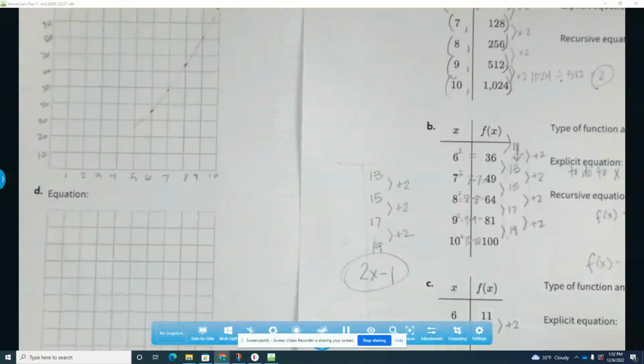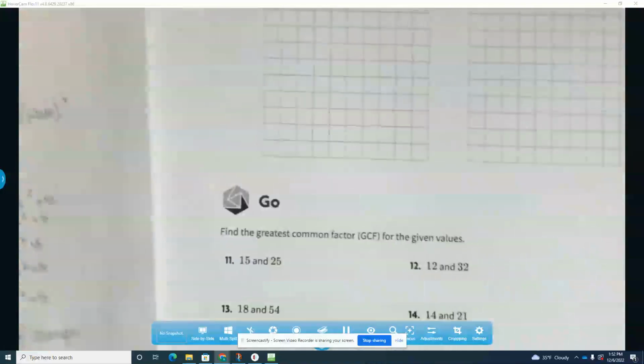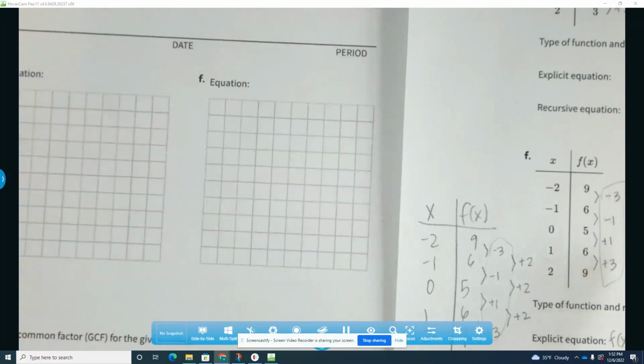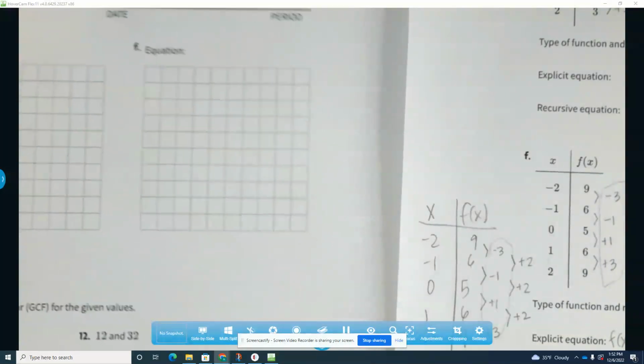Okay, so let's go graph, I think it was F. Yeah, F is our other quadratic, so let's graph that one. This has a second difference of 2 also, so I would expect us to not have much of a curve again.